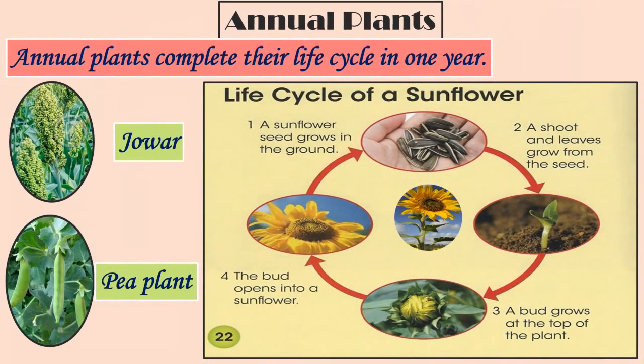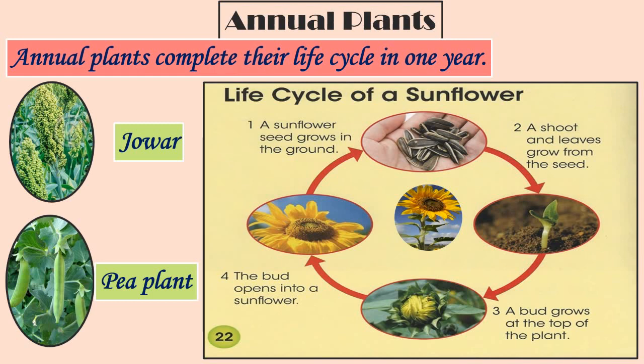An annual plant is a plant that completes its life cycle from germination to the production of seeds within one growing season and then dies. This means it goes from seed to flower and back to seed and then dies off during one growing season.